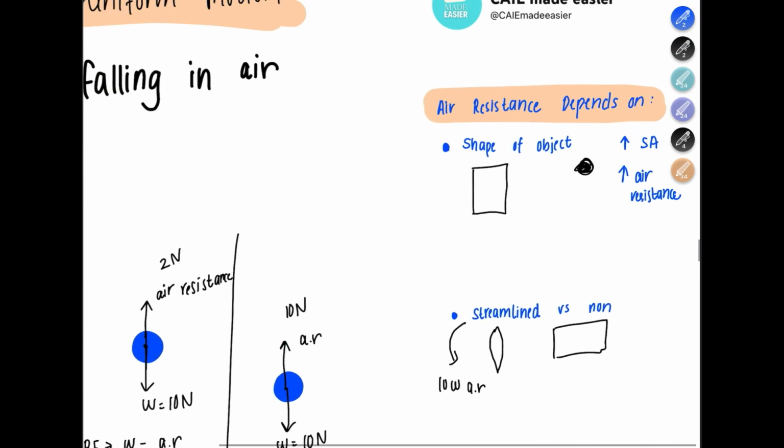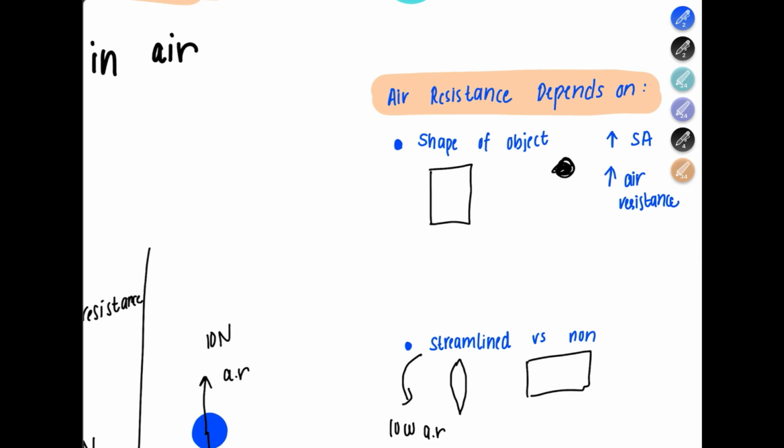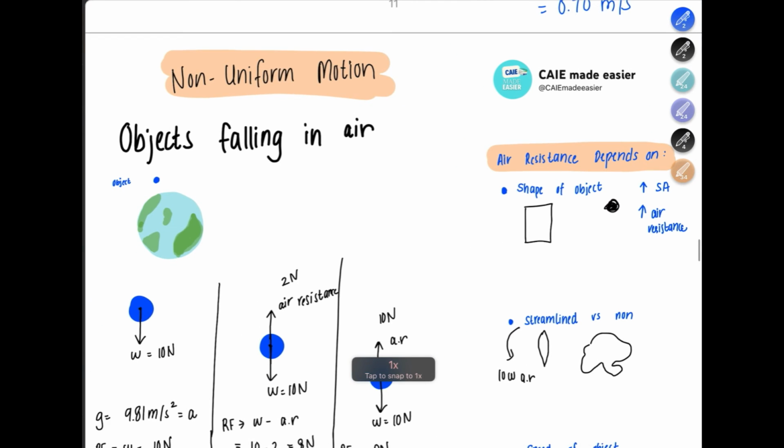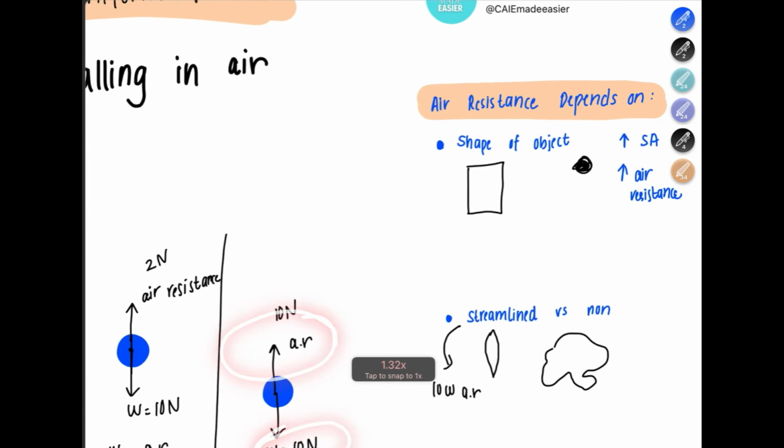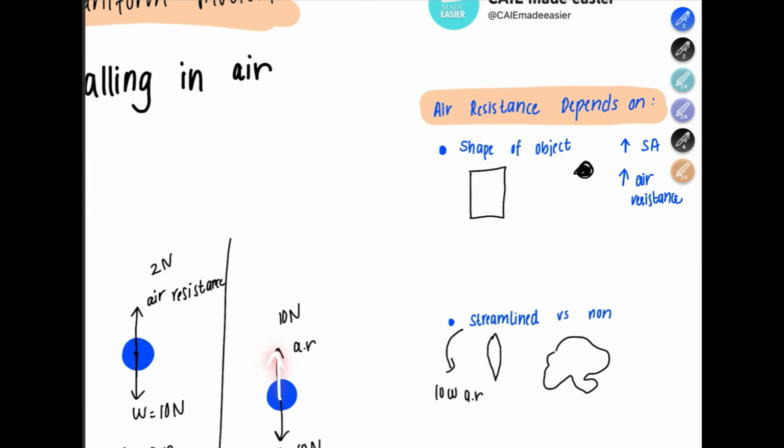Now there are different factors that can affect the air resistance. It depends on the shape of the object. If an object has high surface area, it has higher air resistance. Remember, the value of air resistance will never be more than the downward force, than the weight, okay? Because if it is greater, then the object will start moving upwards, and that is not possible.